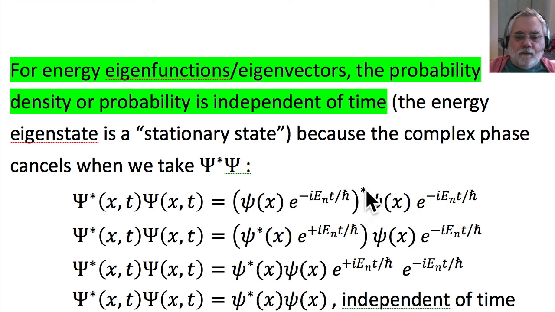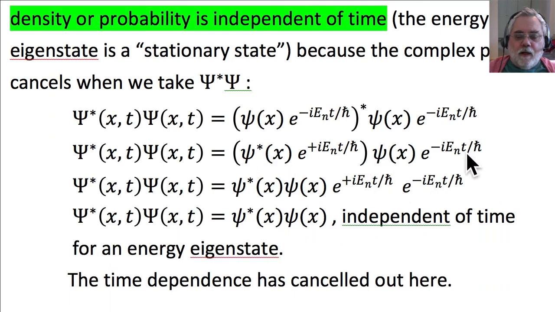Well, the complex conjugate of a product is equal to the product of the complex conjugates. So we get psi star, and the complex conjugate of a complex exponential just negates the exponent. So we turn minus i E sub n t over h bar to plus i E sub n t over h bar.